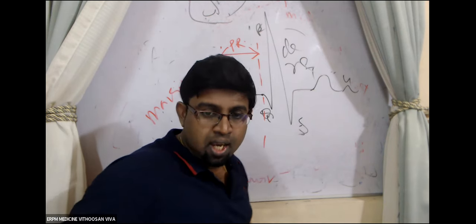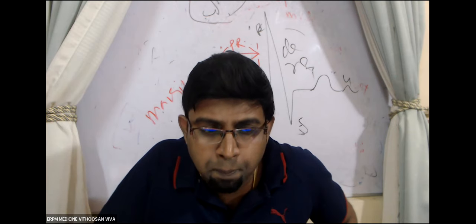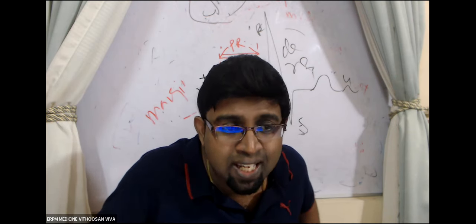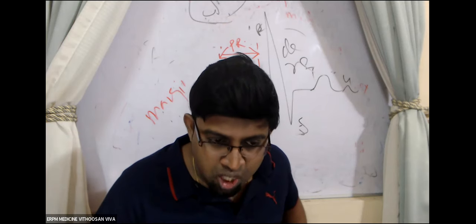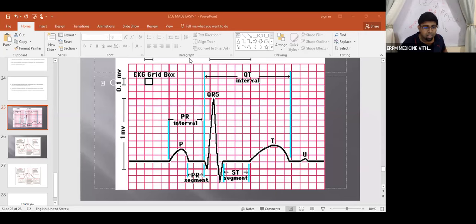Okay, look here. This is a PR interval. The PR interval is mainly determined by the time for the current to go from the atria to the ventricle.